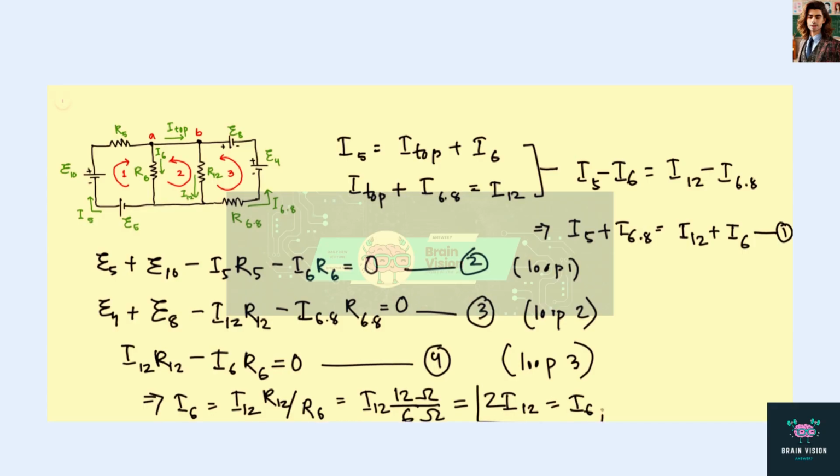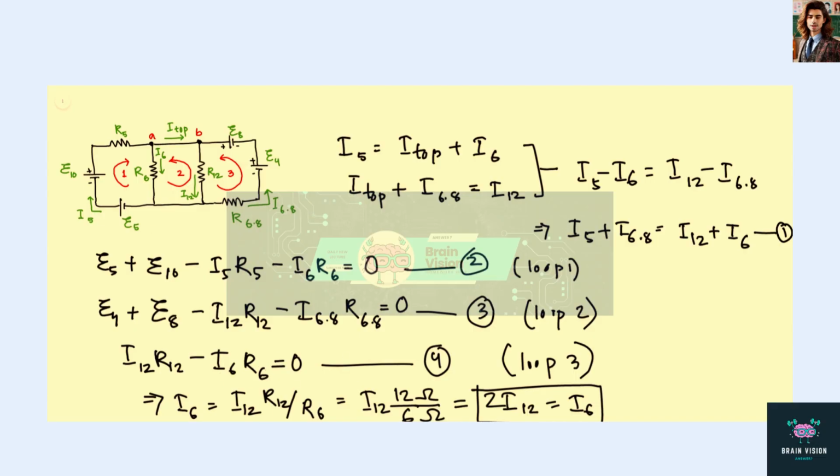So now that we have I6 in terms of I12, we can eliminate I6 wherever we have it, and that way we will be able to eliminate one more variable. So let's combine these two EMFs by adding the voltages.